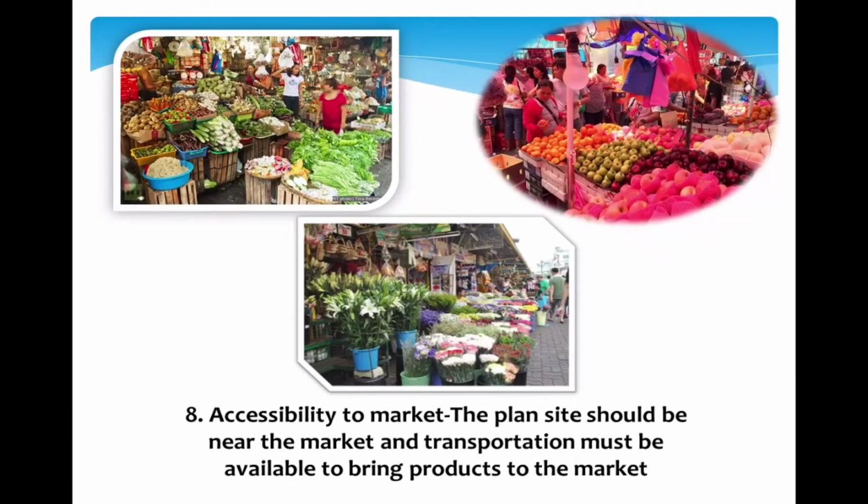Next is the accessibility to market. The plant site should be near the market and transportation must be available to bring the products to the market. Of course, when we're going to have a farm, be sure that your farm is near the market para malapit yung pagdidelibera ng inyong mga products.